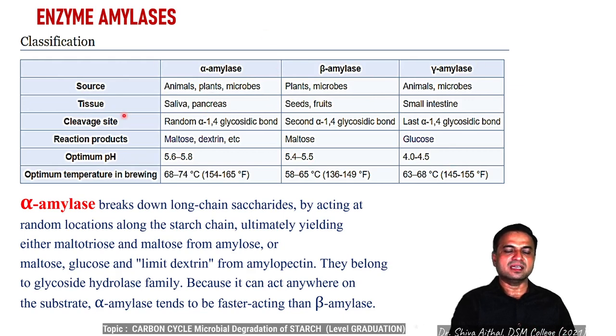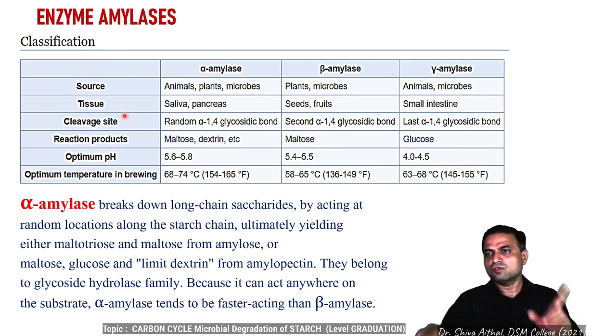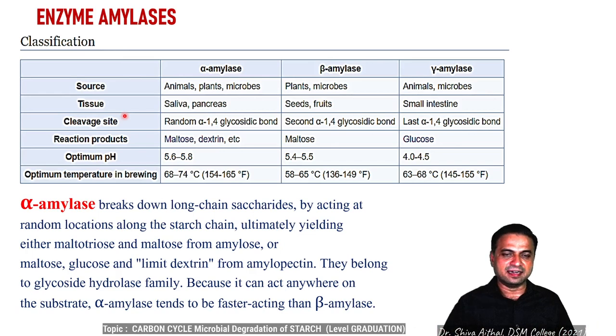What is alpha amylase? Alpha amylase is a type of amylase which breaks down long chain saccharides, and it acts on random locations on the chain. It can act on 1,4, it can act on 1,6 at irregular intervals. If there is a long chain, at the first, 4th, 6th, 8th, anywhere it can act, yielding different compounds.